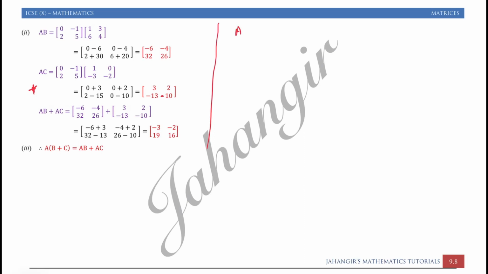So now we have to add both of them. AB plus AC. Let's add both of them. Minus 6, 3, 2, minus 4, 2, 6 plus 3, minus 13, 2, minus 10. So what I will get?